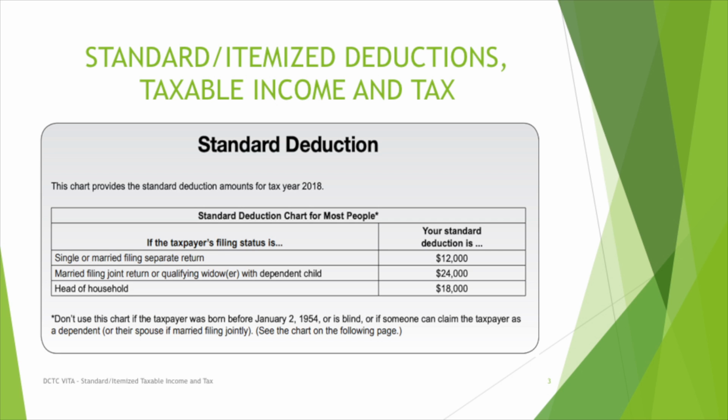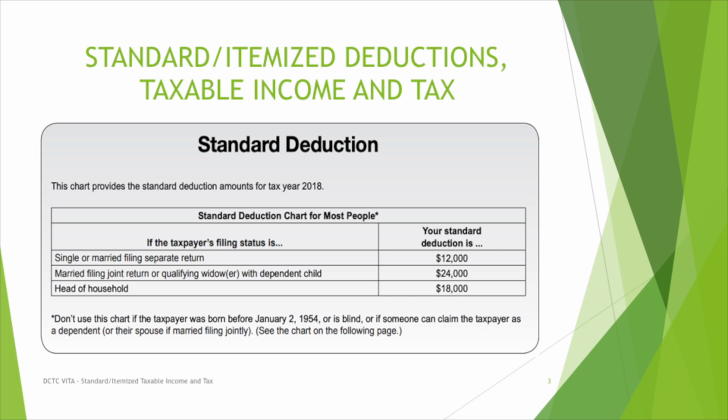If the taxpayer's filing status is married filing joint return or a qualifying widow or widower with a dependent child, the standard deduction amount is $24,000. If the taxpayer's filing status is head of household, then their standard deduction is $18,000.